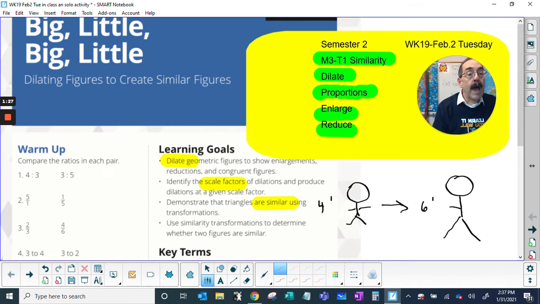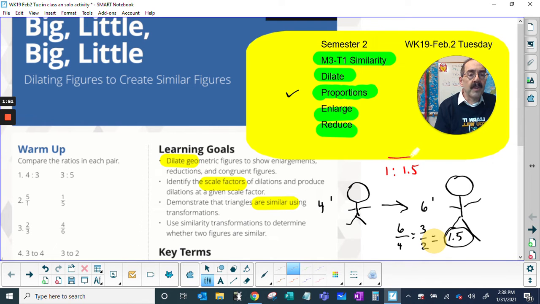Well, how much bigger? It's all in relationship to the proportion. Okay, so 6 over 4, 3 over 2, or 1.5. And during the next couple of weeks, we're going to talk about 1 to 1.5.